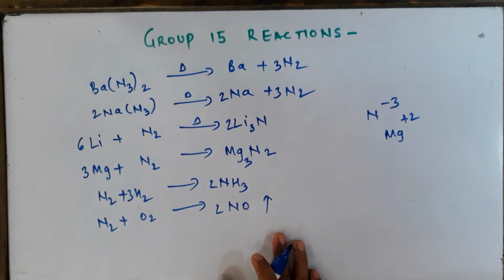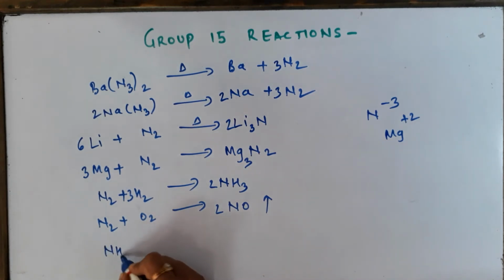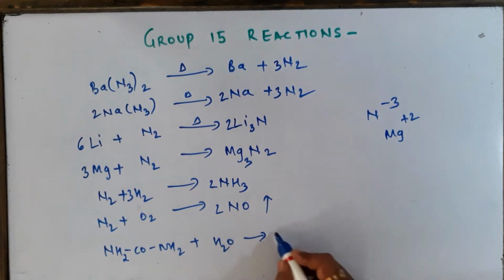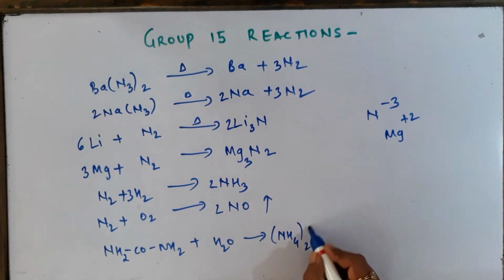Let us see the next reaction of urea, NH2CONH2. If it starts decomposing in the presence of moisture, you will get, it's an excretory product. Okay, urea plus water will give you ammonium carbonate, (NH4)2CO3.